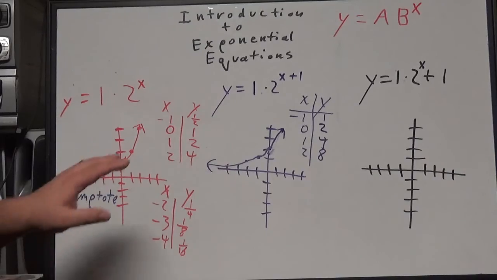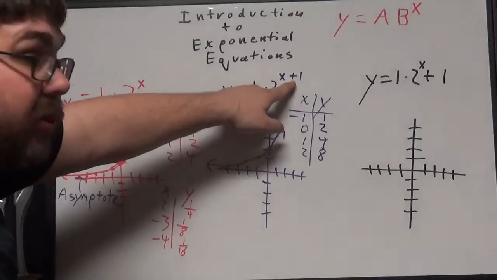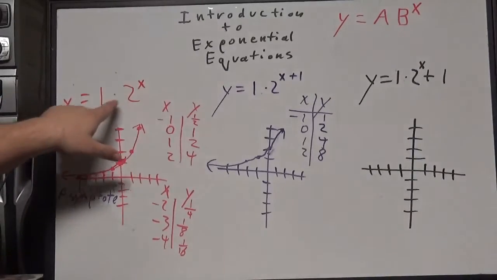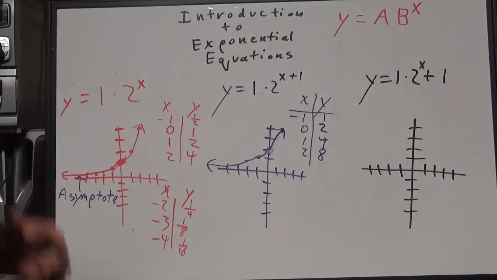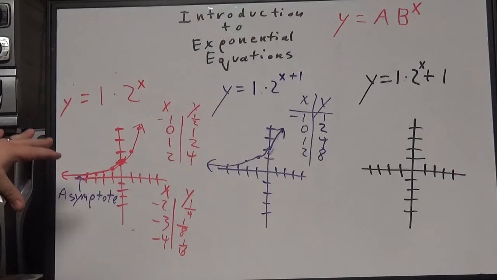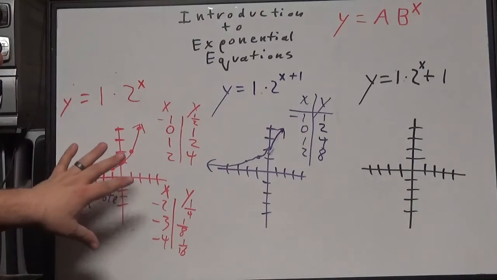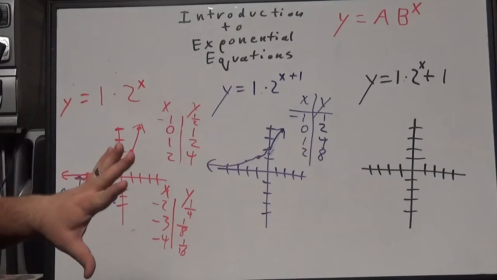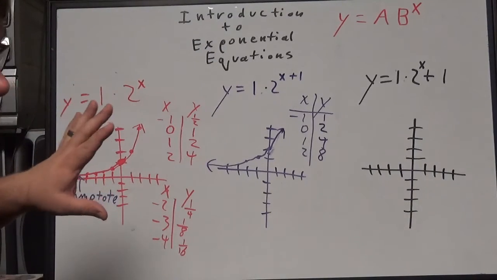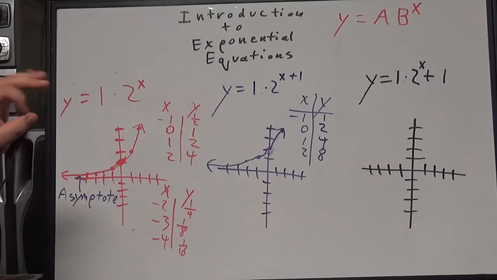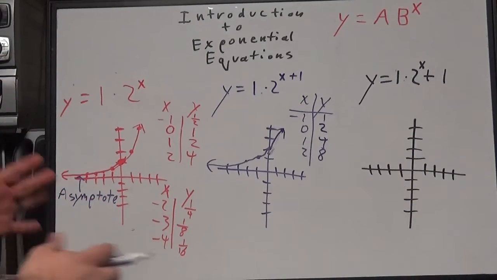This is the point. What happens when you add a number to the exponent? You shift the graph. These graphs, and this is the reason I want to keep picking the same numbers, these graphs are the same. The difference is this one was shifted to the left. It's +1, but one way to think of it is just like when we did quadratics, if it's in parentheses, we shifted it to the left.